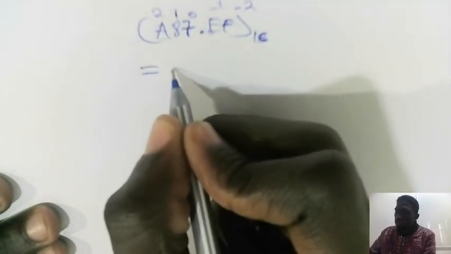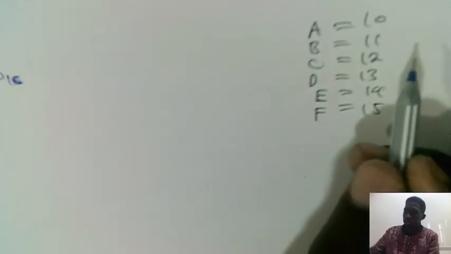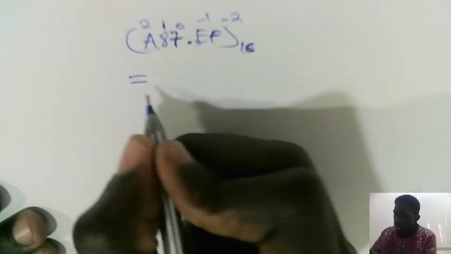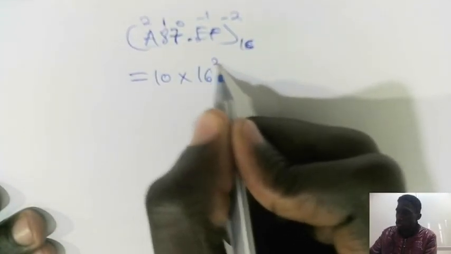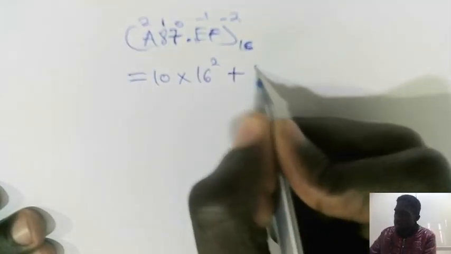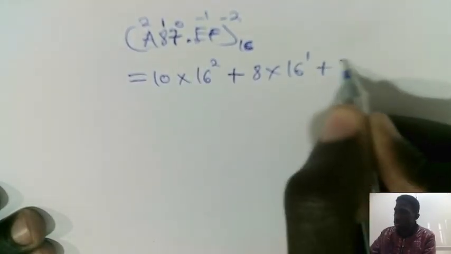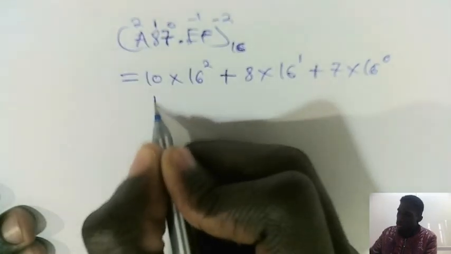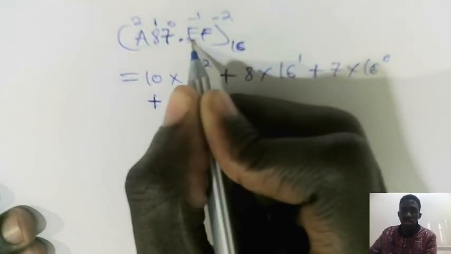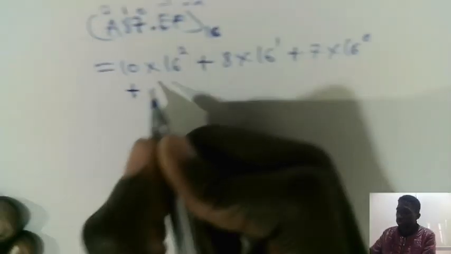So simplifying this, we know that A is 10. So this is 10 times the base 16 to power 2, plus we have the next digit 8 times 16 to power 1, plus 7 times 16 to power 0, plus E. We come across E, we check and see that E is 14.